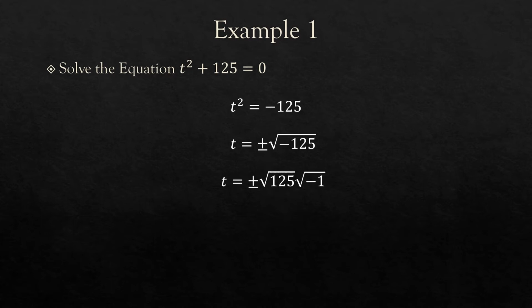So we will write this as t is equal to plus or minus the square root of positive 125 times the square root of negative 1. It just so happens that 125 is a perfect square, and recalling that the square root of negative 1 is i, we have our final answer of t is equal to positive 15i or negative 15i.